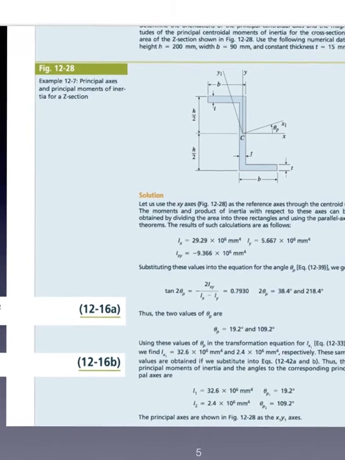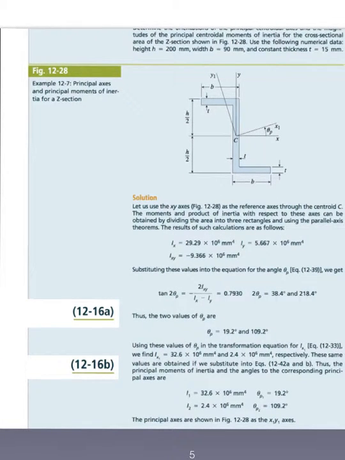These are the equations from the parallel axis theorem. They allow you to calculate the moment of inertia for areas that are offset from the principal axis.